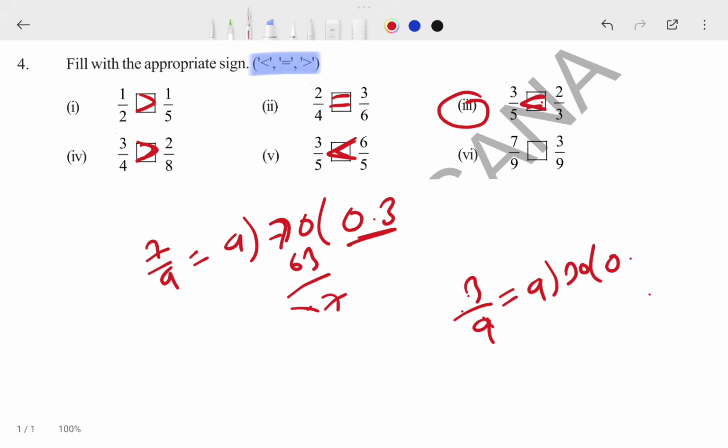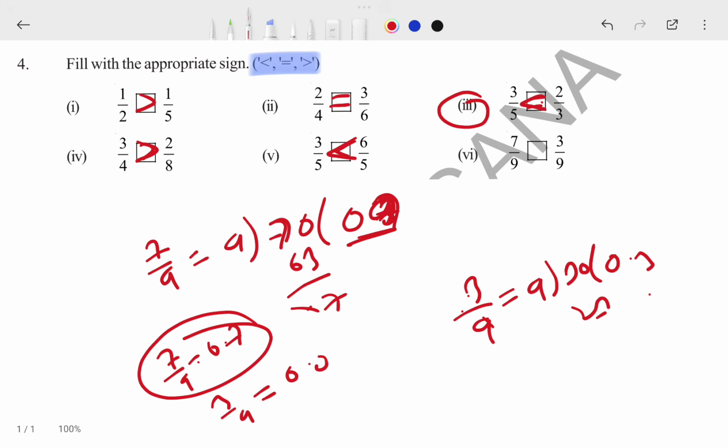Then 9, 18, 27, 9 3s are 27. So 7 by 9 answer is 0.7, and 3 by 9 answer is 0.3, which is greater? 0.7 is greater, so the symbol is turning like that.